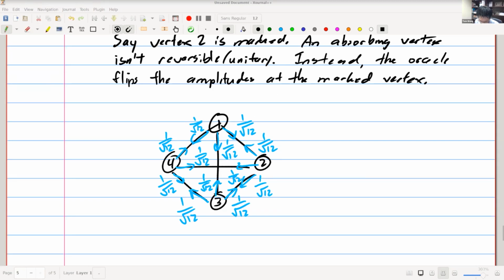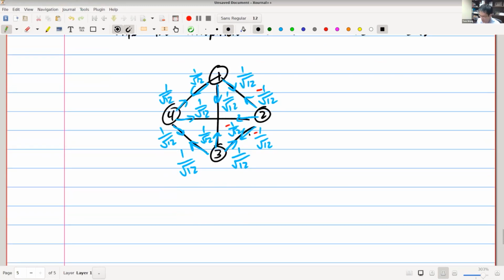All right, so after we apply the oracle, these amplitudes become negative. Maybe I'll color it in a different color so it stands out. Those become negative, and everything else stays the same. Just like in Grover's algorithm, the oracle flips the sign of the marked state, in this case at the marked vertex. Now we'll take a step of a quantum walk.